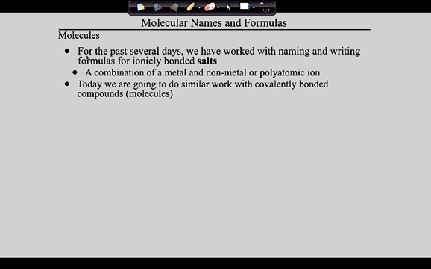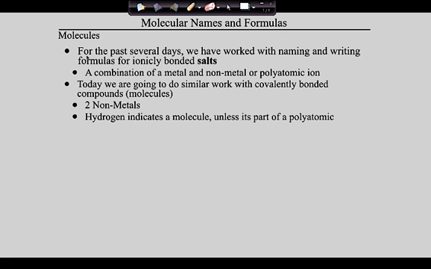So guys, this is going to be all about how to name the molecules, and molecules are non-metals bonded to non-metals with one little exception. What's the one metal that forms covalent bonds? Hydrogen. Okay, good for you. All right, so guys, this then is the background. You need to remember that molecules are two nonmetals or hydrogen, because hydrogen is a freakishly strong metal.